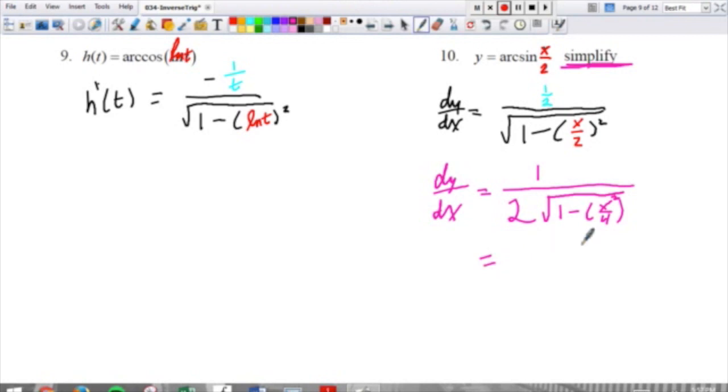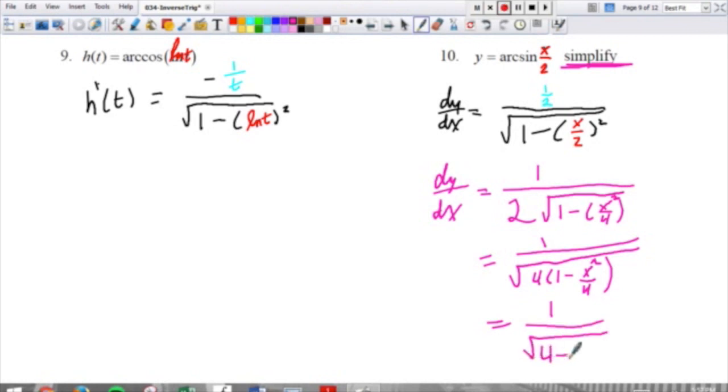That this is the same as this. Done. I distributed. I don't think I said that. I distributed it.